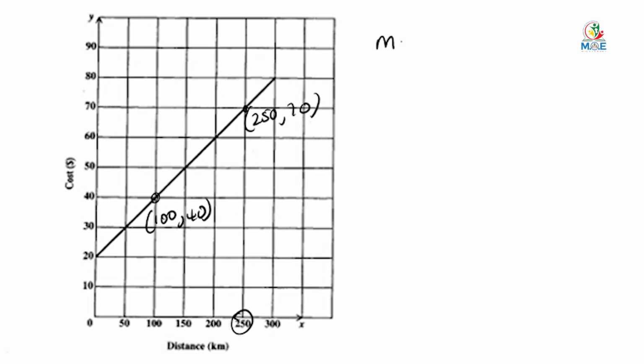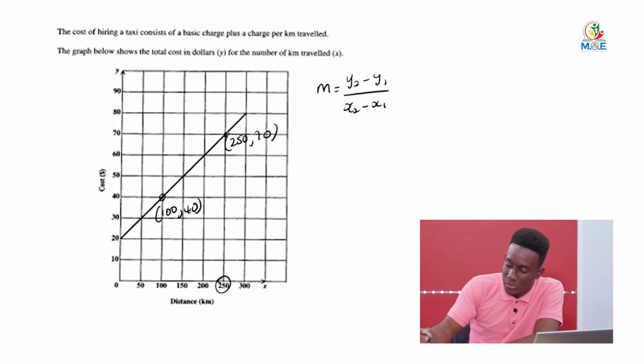The gradient is the change in y over the change in x, so y2 minus y1 over x2 minus x1. I actually don't need to do all of this, but let's still do it, as this would make it very accurate.